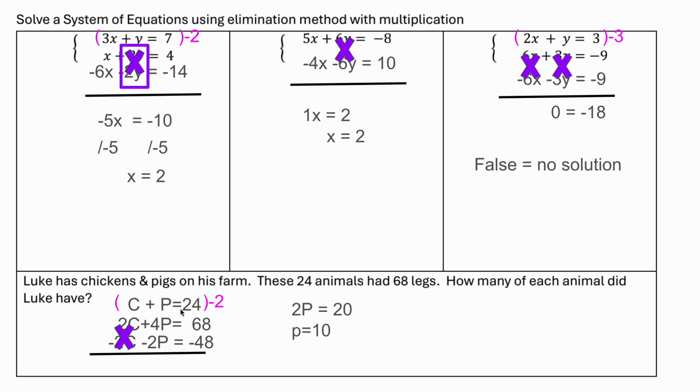Now, we could take this and plug it back into this equation, but we also know that there's only 24 animals. So if 10 of them are pigs, then the chickens, there has to be 14, because 10 plus 14 equals 24. So how many animals did they have of each? They have 10 pigs and 14 chickens.